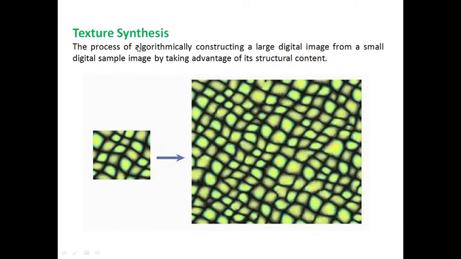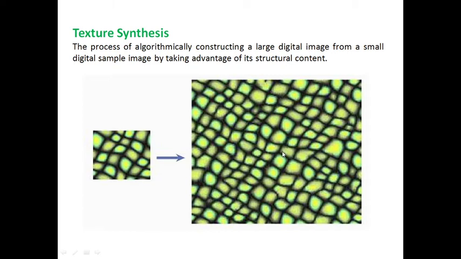And the next one is the texture synthesis. What is this texture synthesis? This synthesis is nothing but the process of constructing a large image or a large texture from a smaller or micro texture here. From a small digital sample image, I take into consideration where I can develop a macro texture here.